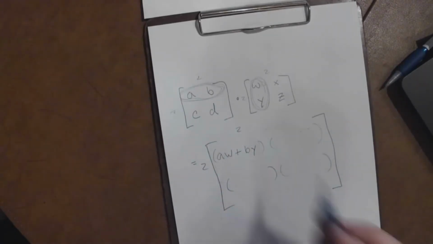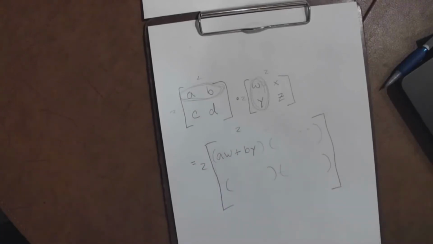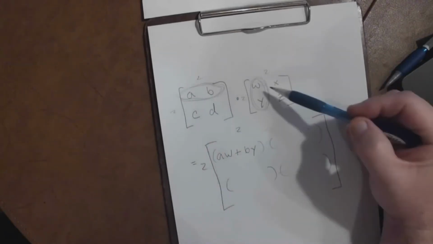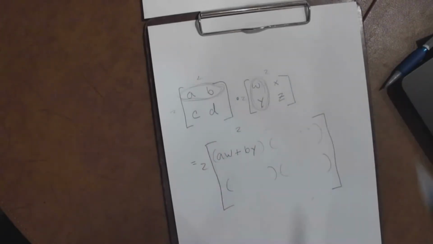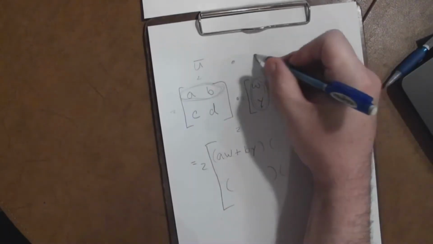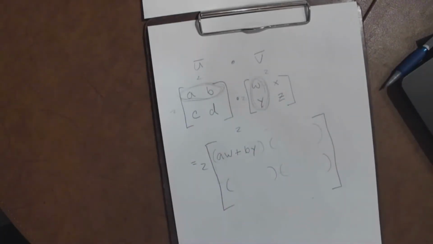This first result of A times W plus B times Y is the row-column multiplication that's occurring between these 2 generic matrices U and V.